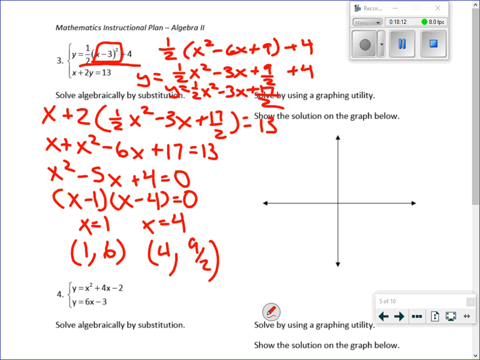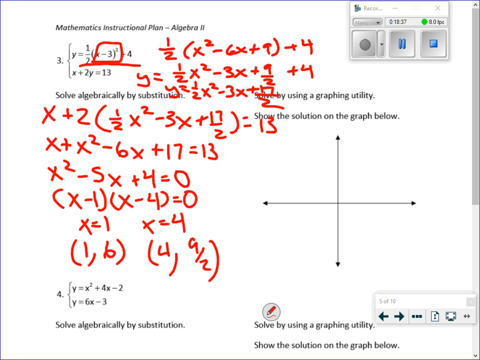You can use decimals if the decimal ends. Would I ever want to keep 2 over 3, which would be like 0.66 repeating? I'm not going to just write 0.67 because that's not equivalent to 2 over 3. So you can write decimals if they end, but if not, then just use fractions.